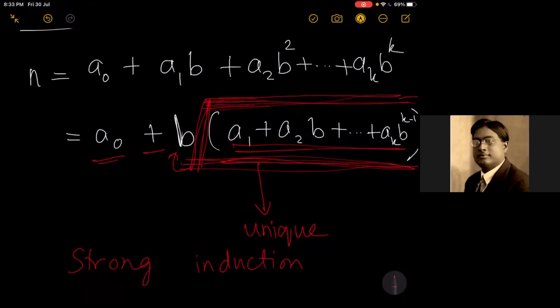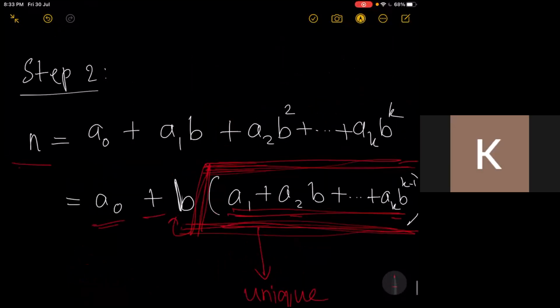Sir, k minus 1. No, k digits. The digits are A1, A2 till AK. And how many digits will n have? Sir, k plus 1. Yeah, so n has k plus 1 digits. This number has k digits.